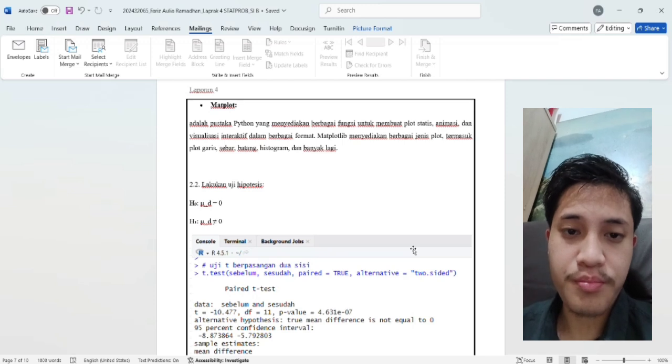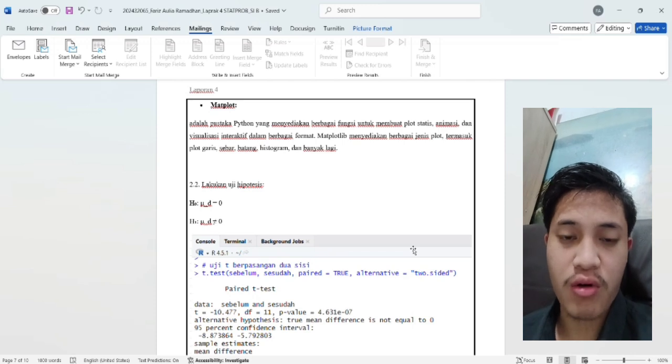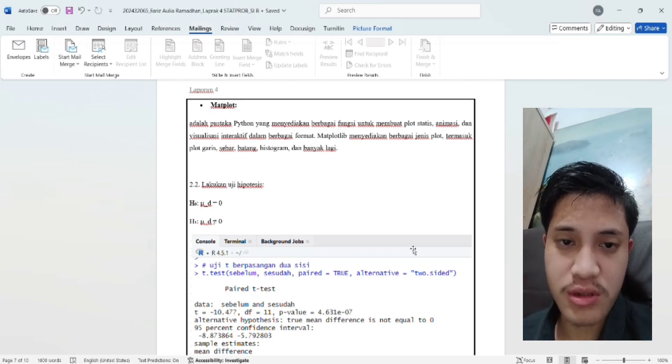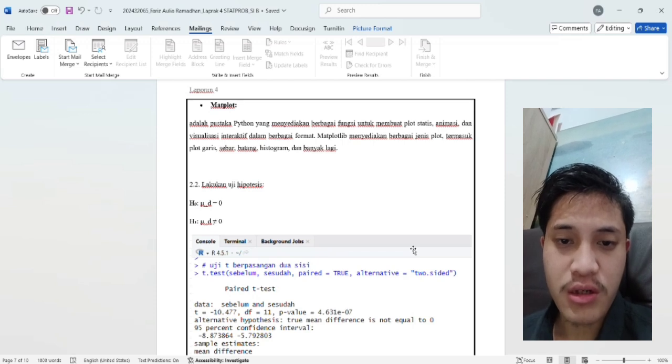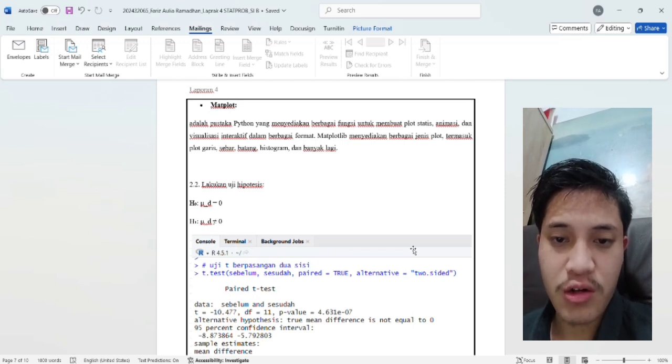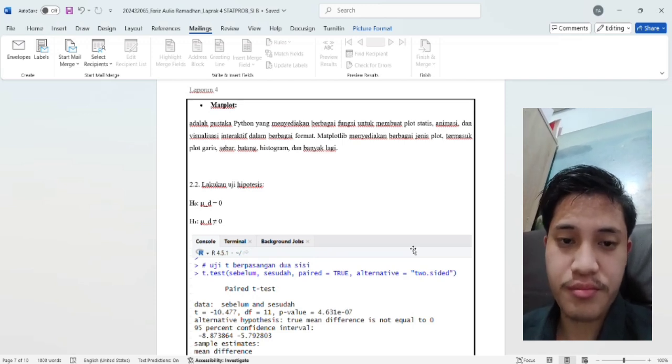2.2, perform hypothesis testing. H0: mu equals 0, H1: mu not equal to 0. 2.3, determine whether the result is significant and explain statistically. Null hypothesis, the average difference is equal to 0. Alternative hypothesis, the average difference is not equal to 0.